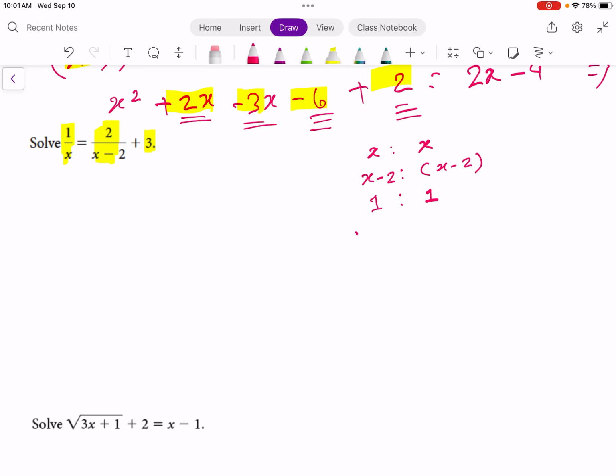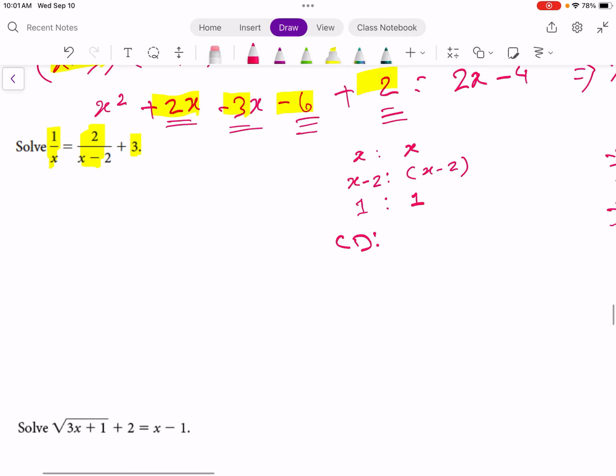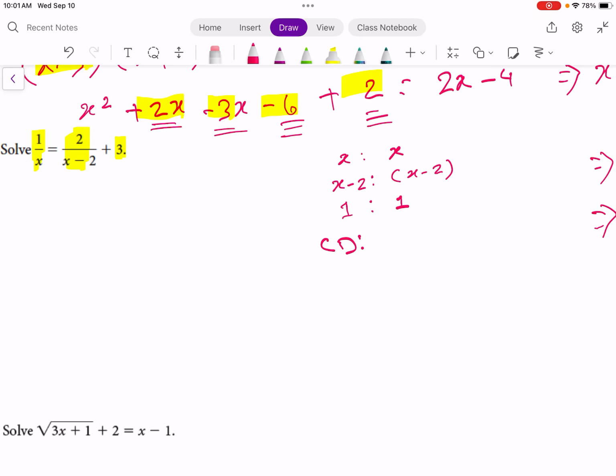Now let's find the common denominator. We look for the common factor in each denominator. Do we have any common factor in each denominator? No. Now, do we have any common factor in at least two denominators? Which denominators?